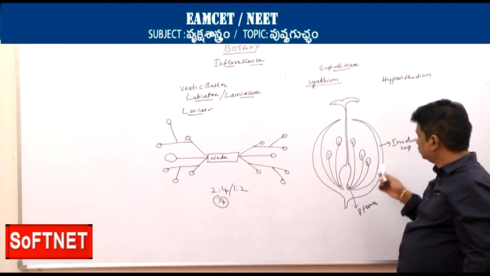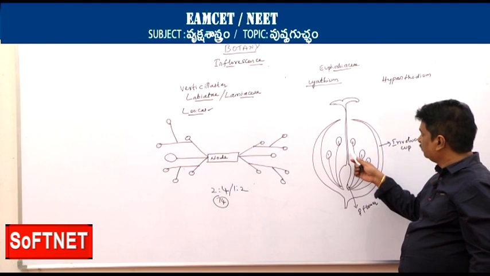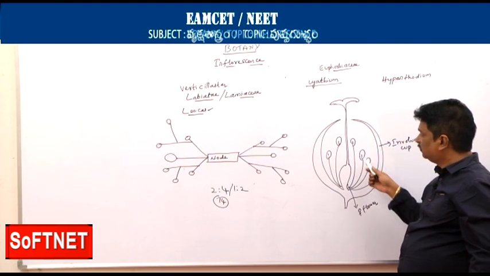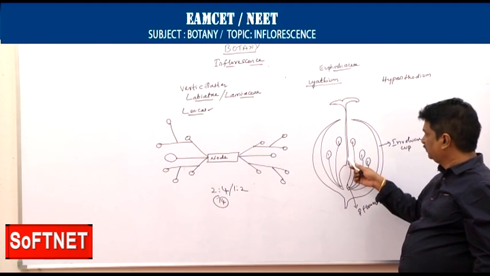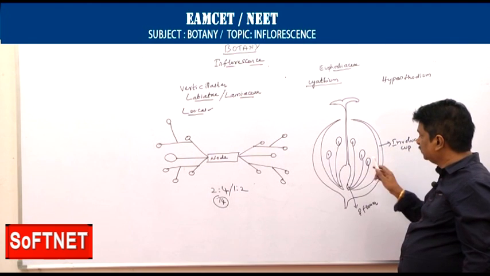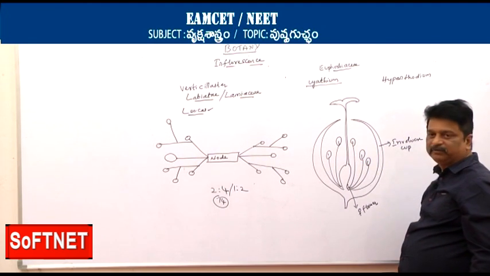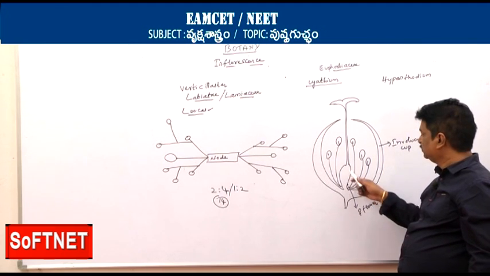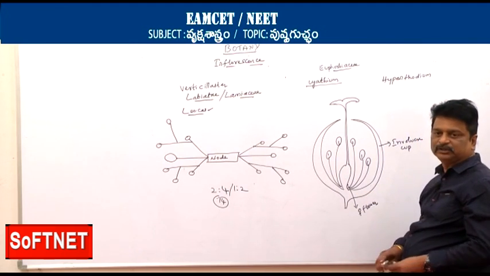So the ratio of female to male flowers is 1:many. Both male and female flowers are naked or achlamydeous; perianth members are absent.